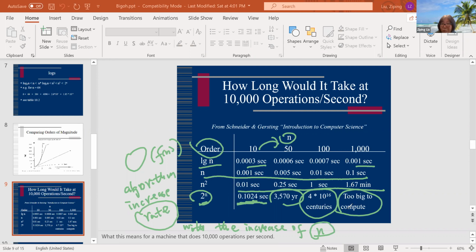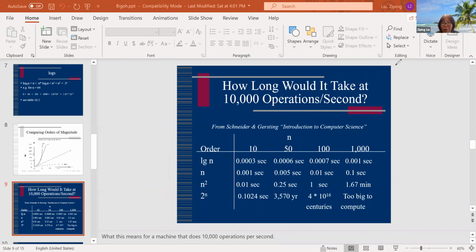It's a rate we can see. This 2 to n is also not a very good way. So here we just gave the reason why we need to analyze algorithm efficiency.